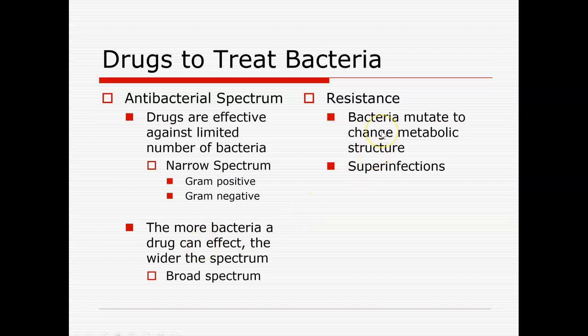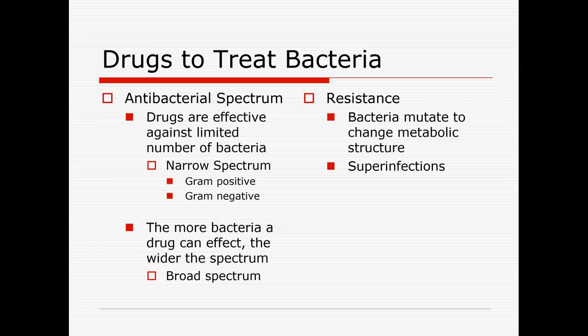The resistance that your book talks about on page 86 as well. I'm going to give you some literature to read. I want you to really read through the antimicrobial resistance section. It starts on page 86 and continues on to page 88.